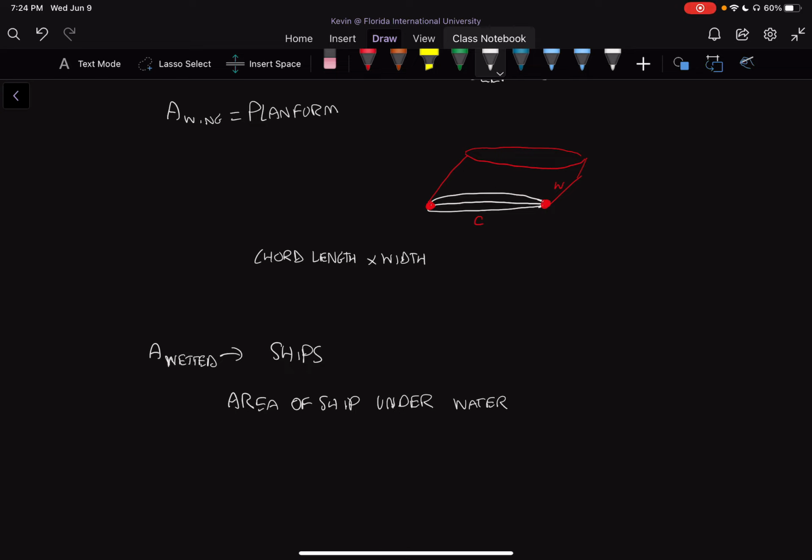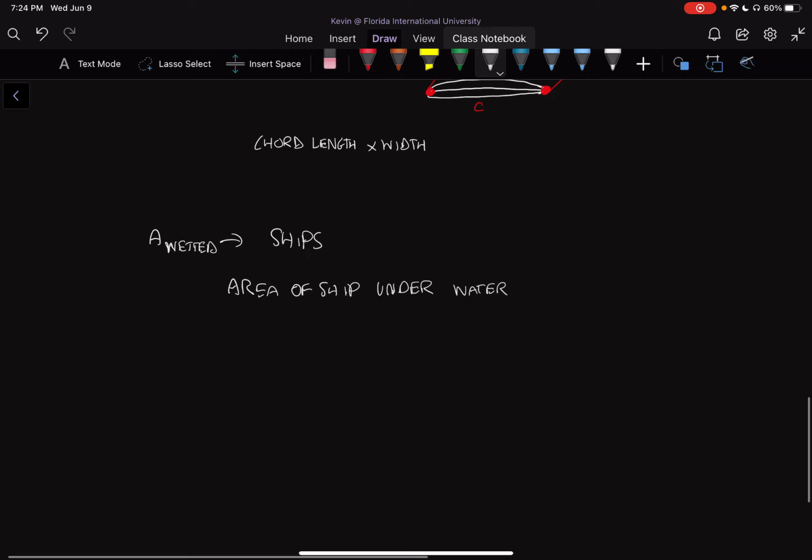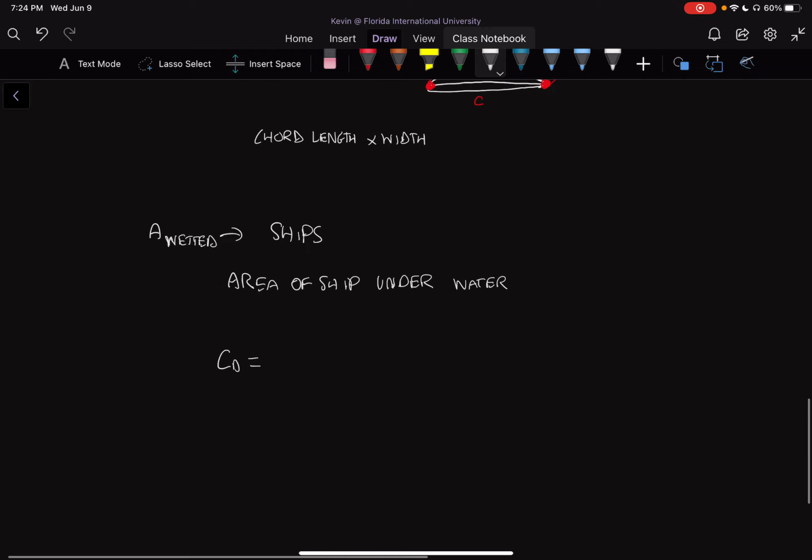Okay, and our coefficient of drag is a result of two different sub-coefficients. One of the coefficients of drag is due to pressure, due to added pressure. So this happens especially in blunt bodies or in bodies where we have some more frontal area.